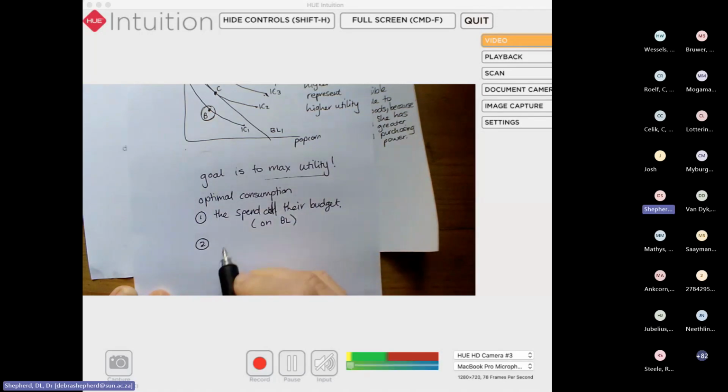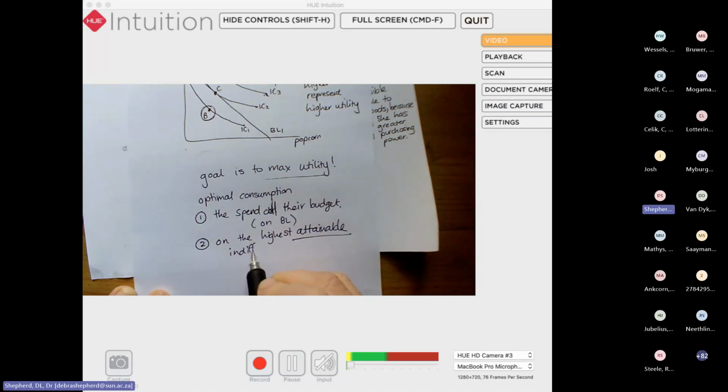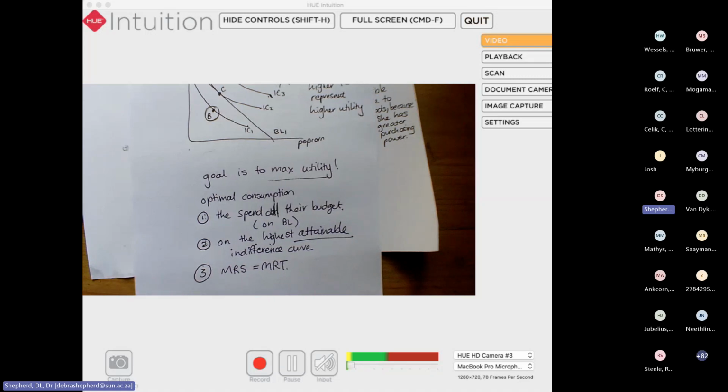Secondly, you are on the highest attainable, so reachable, indifference curve. That's the second thing. And if you're doing both of these things, your marginal rate of substitution equals your marginal rate of transformation.